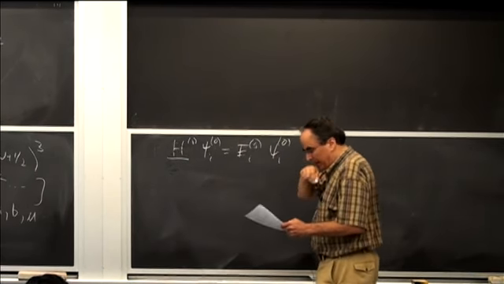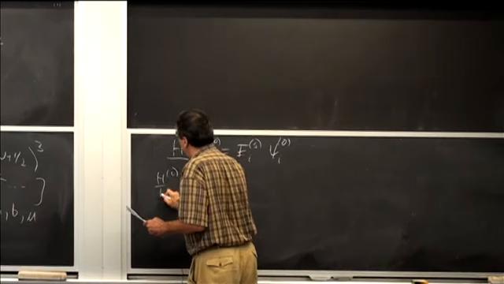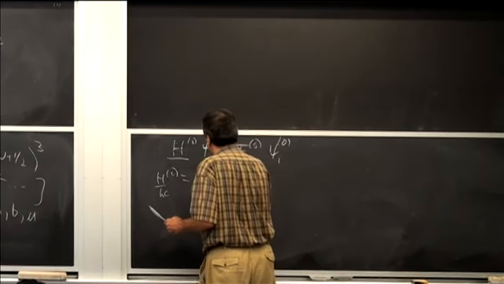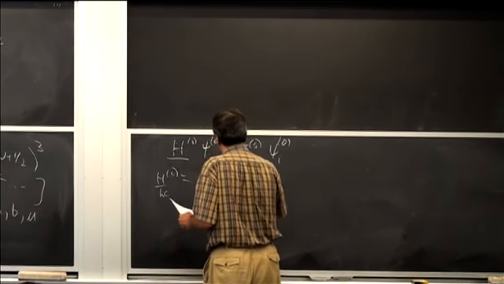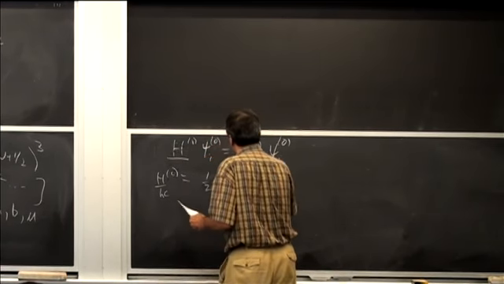So that's the zero-order Hamiltonian. Rigid rotor, because it's a constant, and a harmonic oscillator.